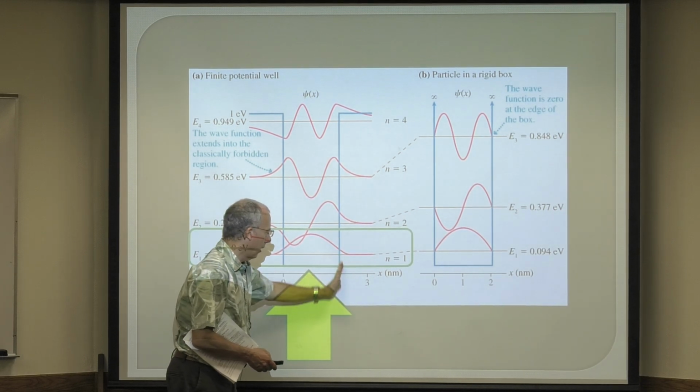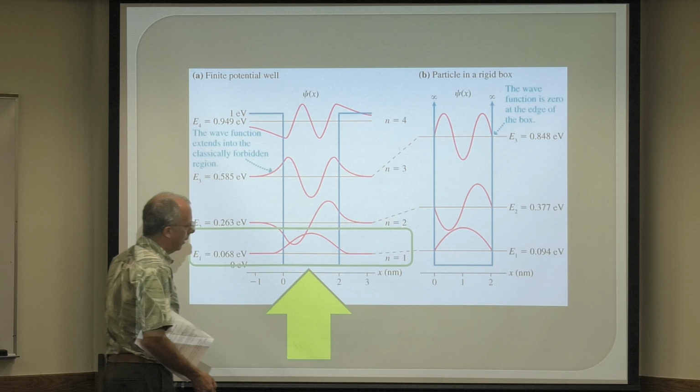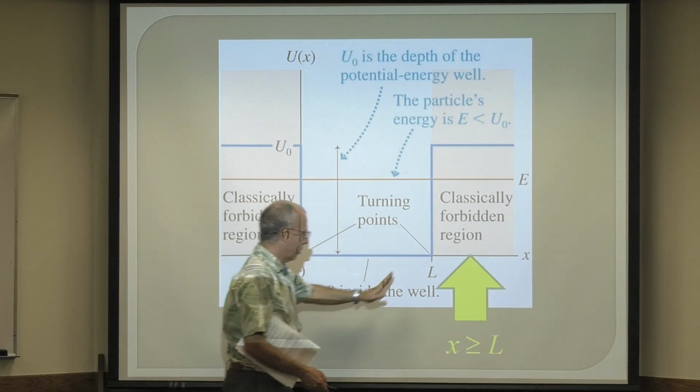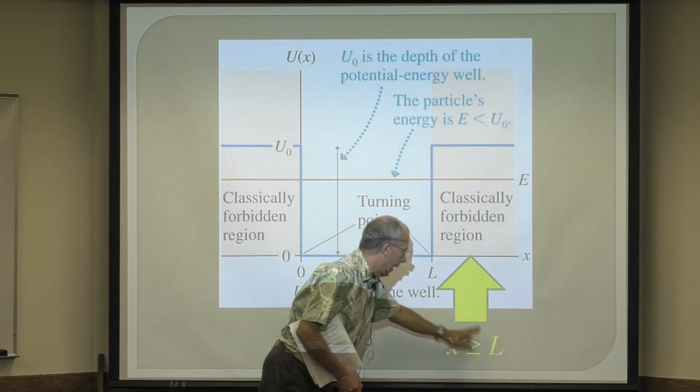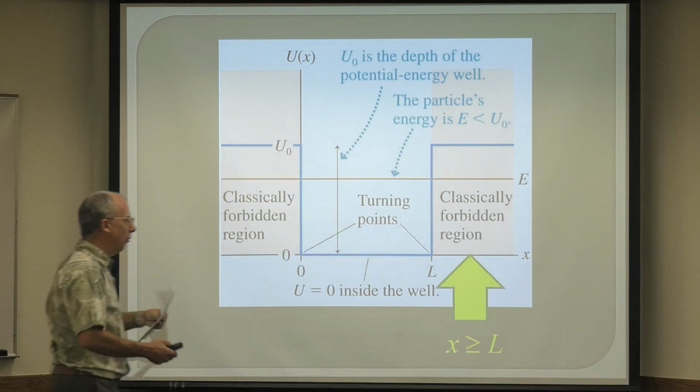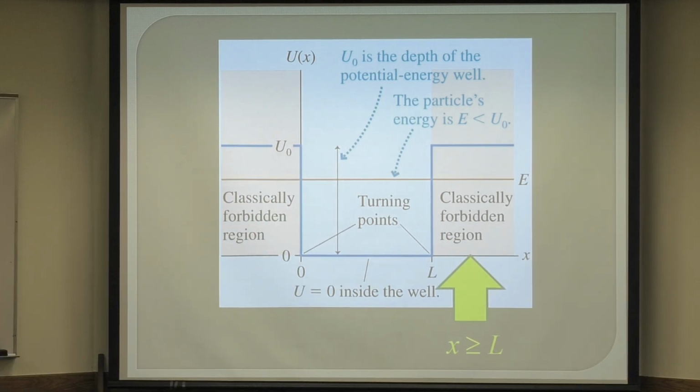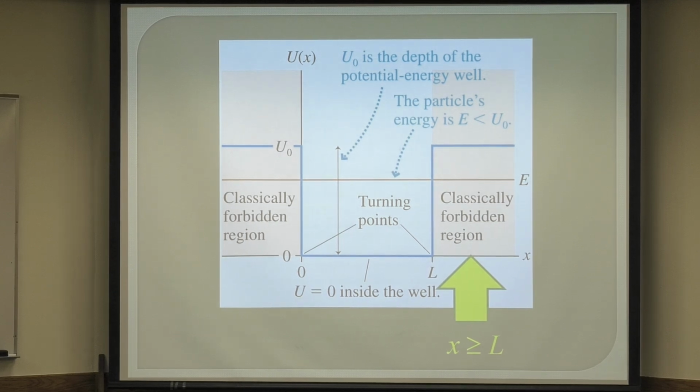We're just looking at the X greater or equal to L region, the classically forbidden region, because that's where it's fun. All right, here we go, just over that region.